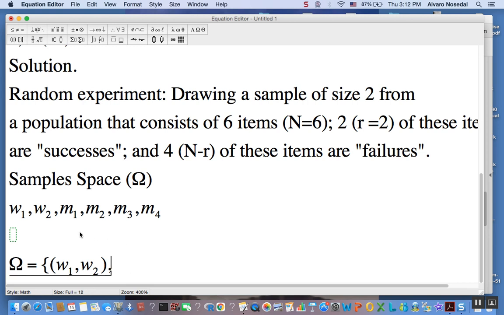Another possibility would be, instead of that, this: woman number 1 and man number 1. Okay, makes sense? And we can continue like that, right? Woman number 1 and man number 2.